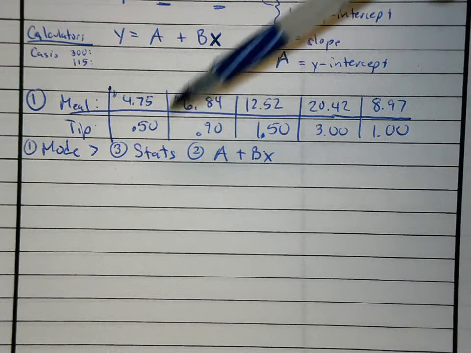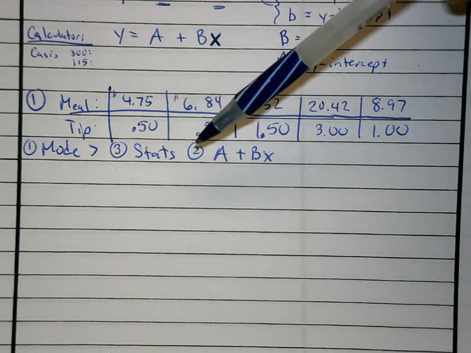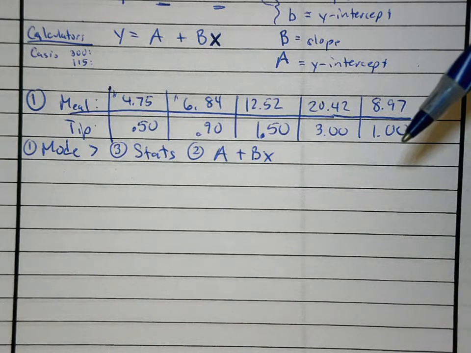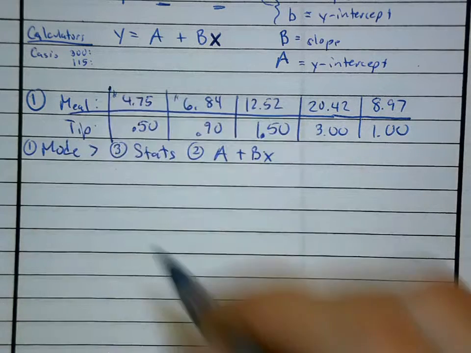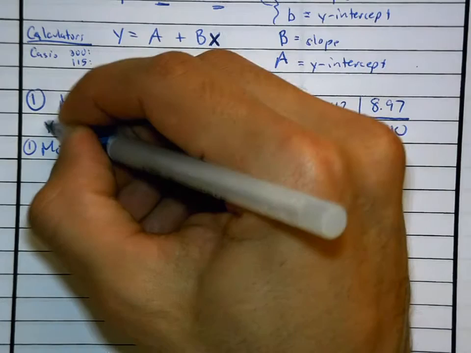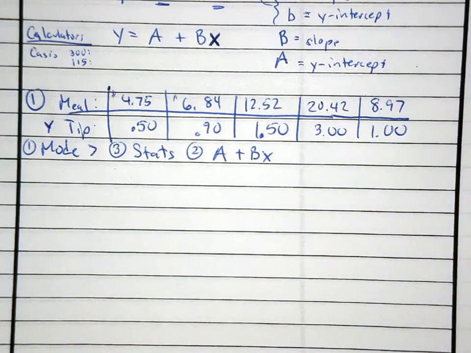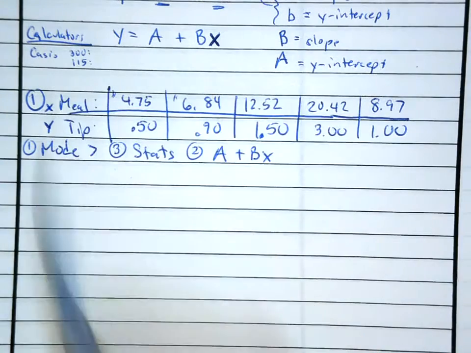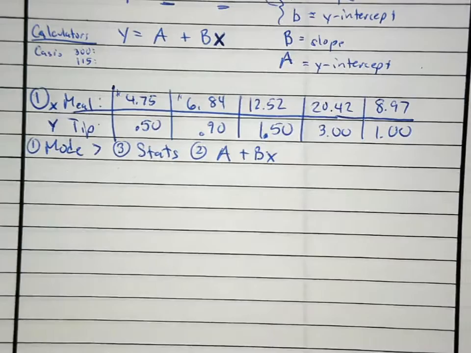Or does how much tip there is depend on how much the meal cost? Which one is dependent? Meal or tip? Tip depends on your meal cost. If it depends on it, it's your Y coordinate. You have to make that decision. X is your meal.